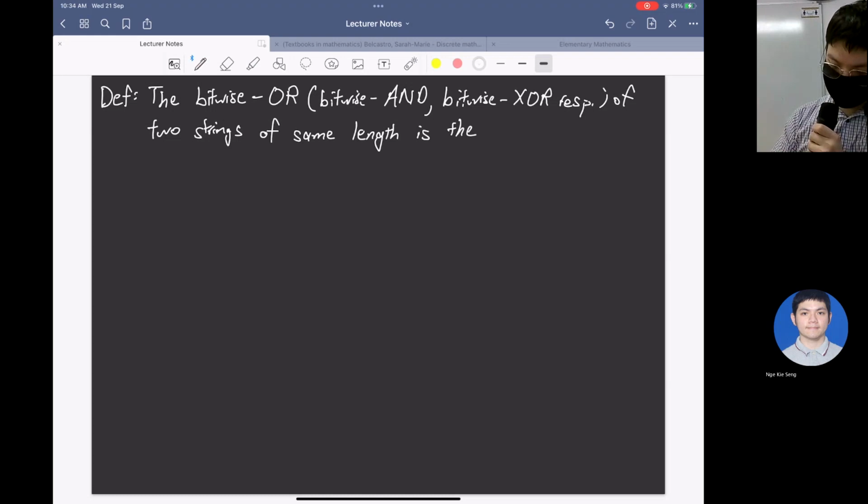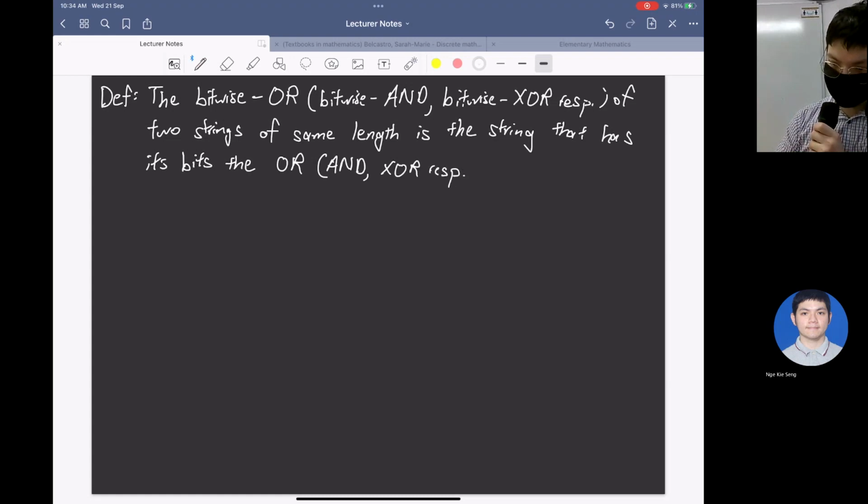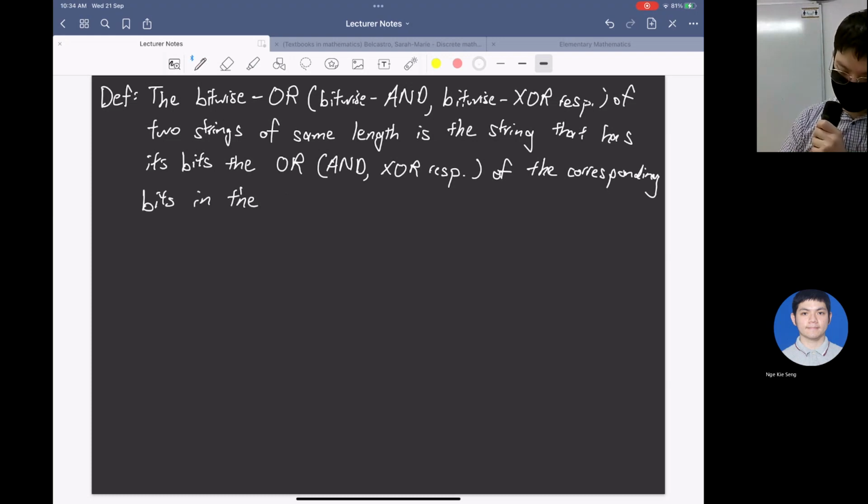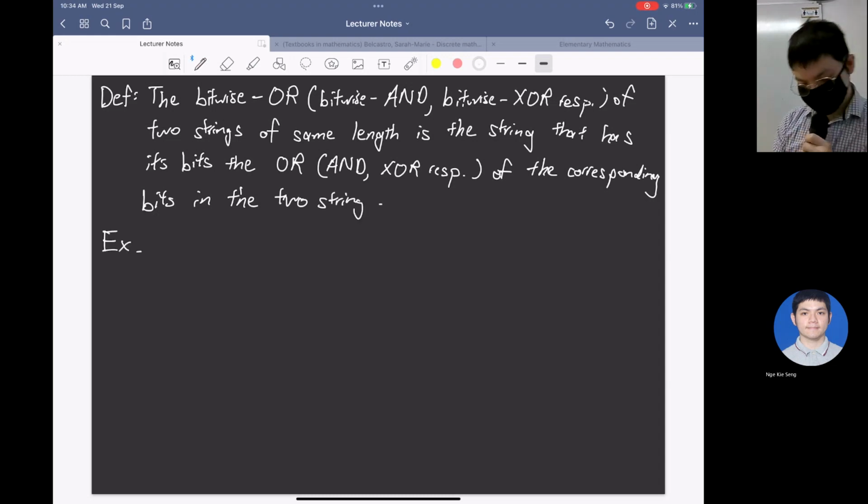It is the string that has the following value in each position, computed from the corresponding bits in the two strings.